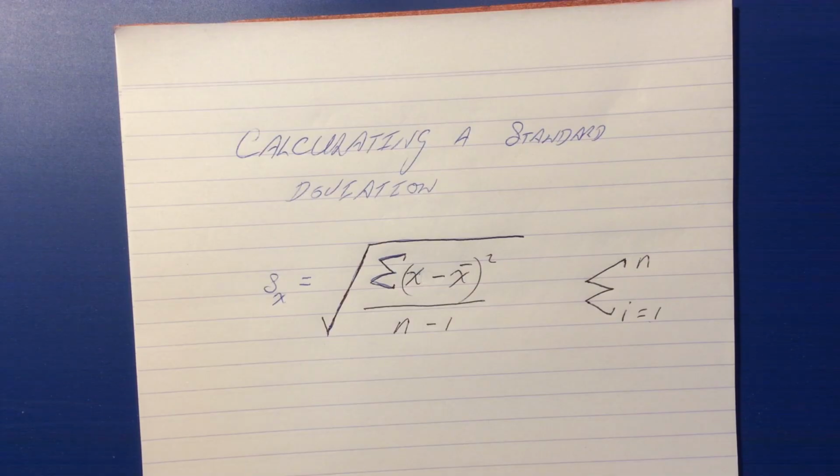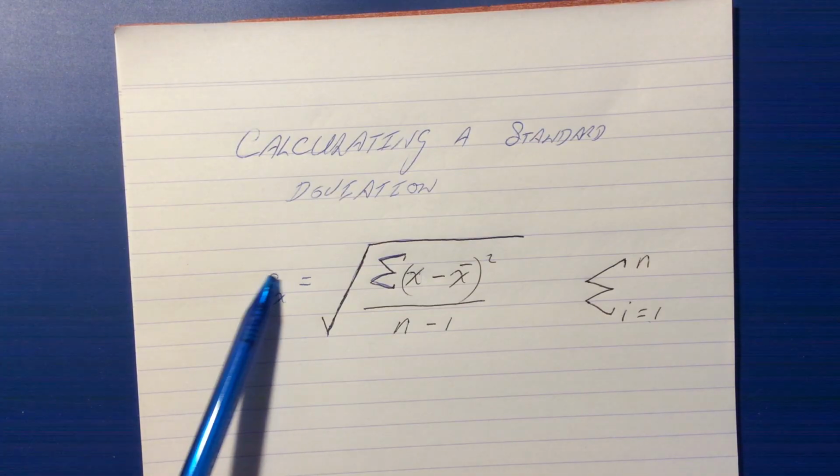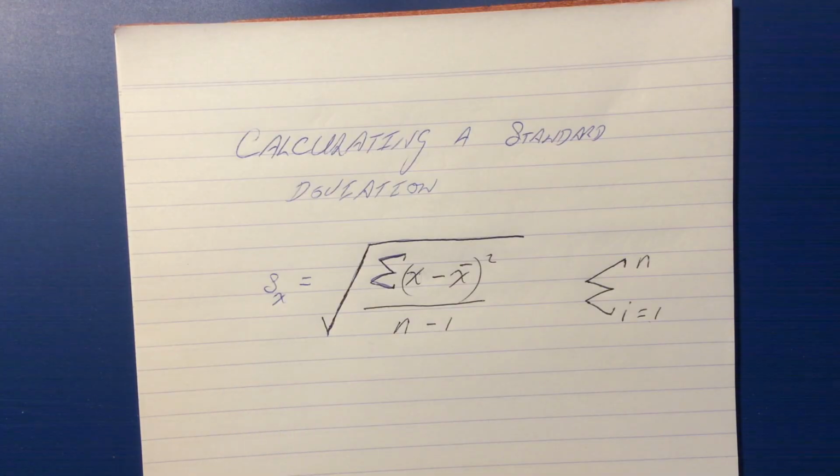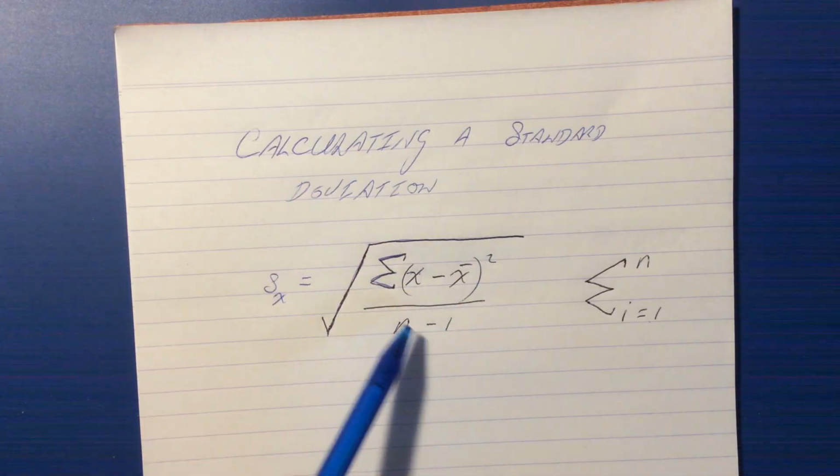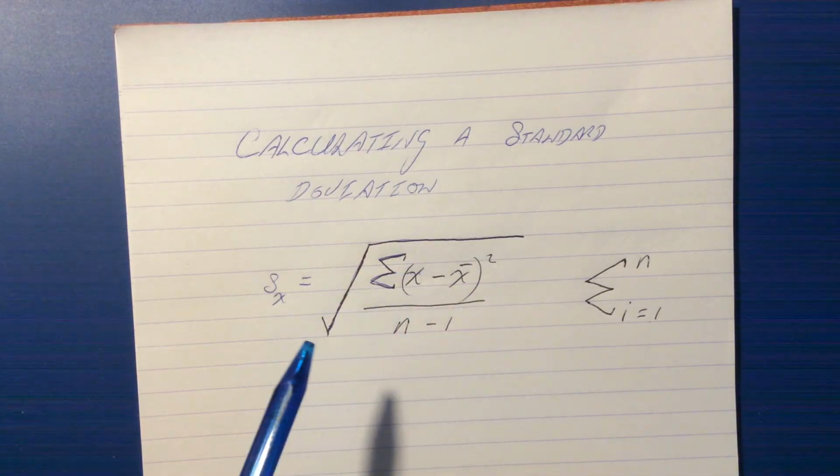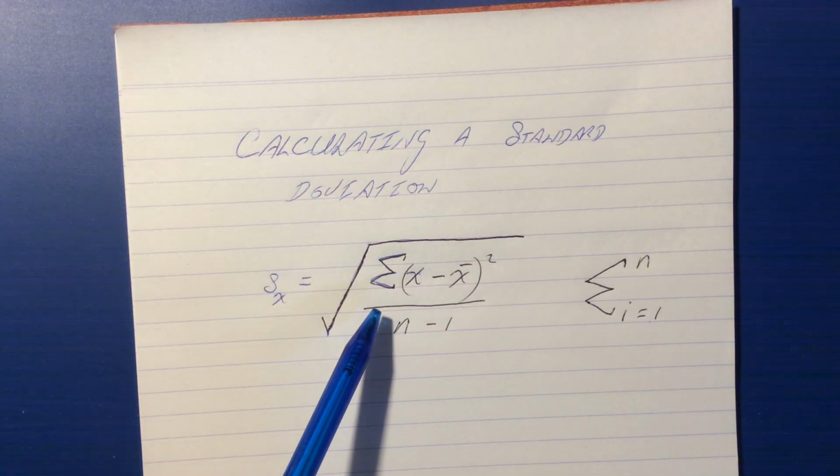So let's have a look at this formula, which tends to terrify people who first see it. So the standard deviation, this thing here, is calculated by finding the square root of all of this. And let's just explain this.